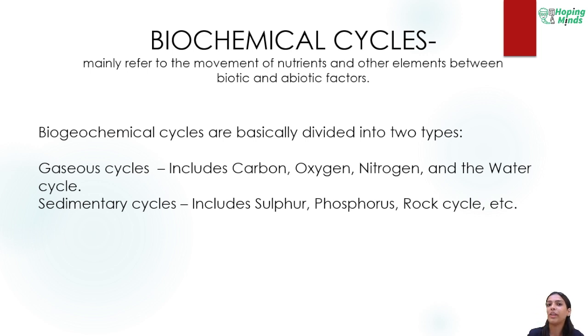Gaseous cycles often operate in the atmosphere. The sedimentary cycles operate in the lithosphere. And there's one cycle which is the water cycle. This cycle operates both in the atmosphere and the hydrosphere.